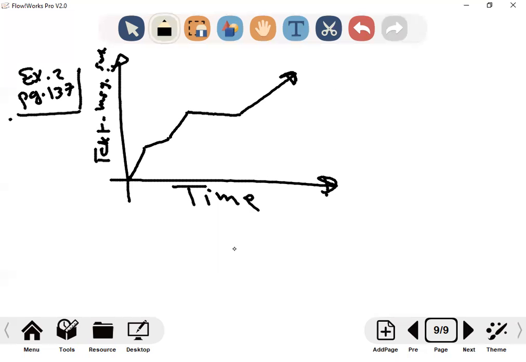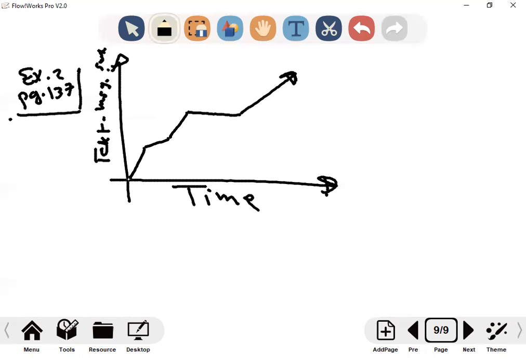Continue now. Part B, describe what happens in the graph. What happened in the graph? I will read and fill with me. As you move from left to right, you are moving from the left, not from the right. Start from here. As you move from left to right along the graph, does time increase or decrease?